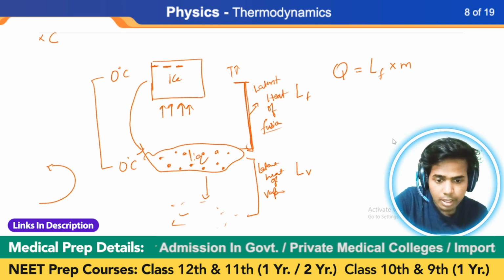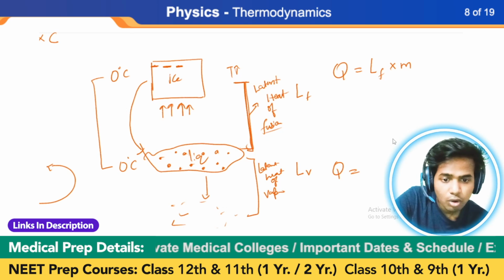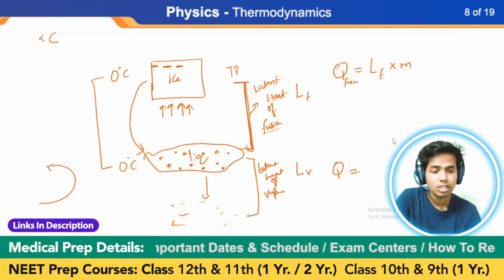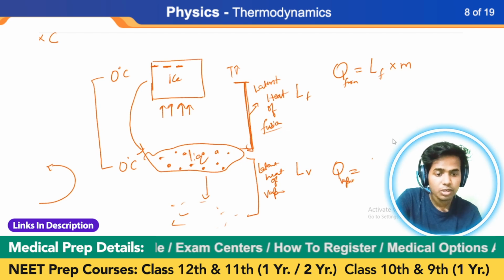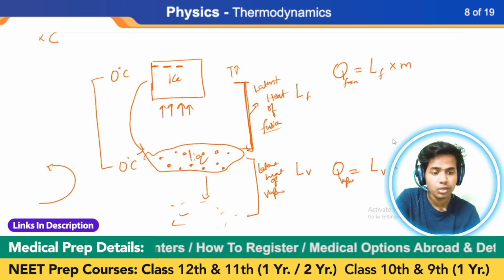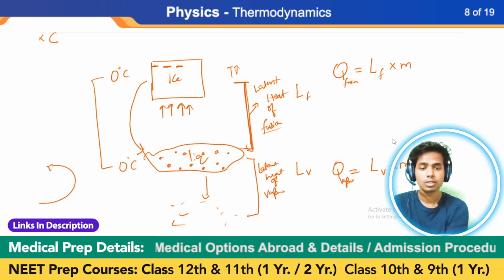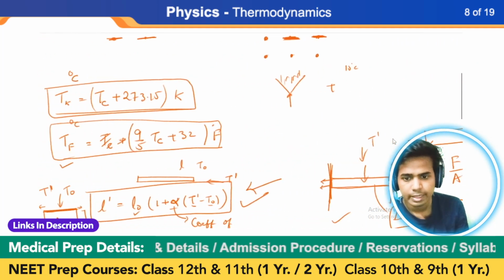In the same fashion, Q given for fusion or melting of the object, and Q given, the heat that must be given for vaporization, is equal to latent heat of vaporization times the mass of the material or mass of the liquid. All right. So this was latent heat.